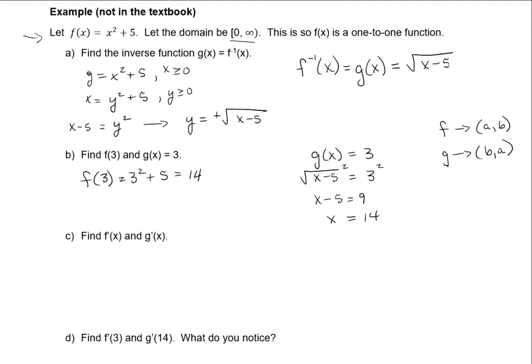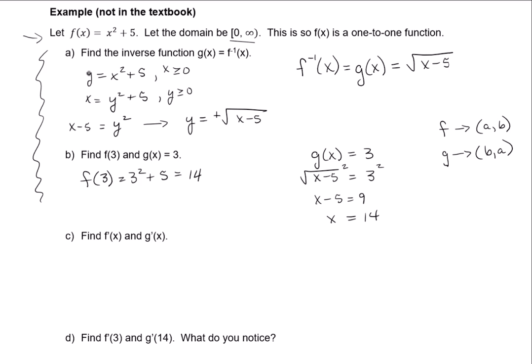So this first part here is just college algebra or pre-calculus 1 material to know. Now the next part we want to do is to find f prime of x and g prime of x.